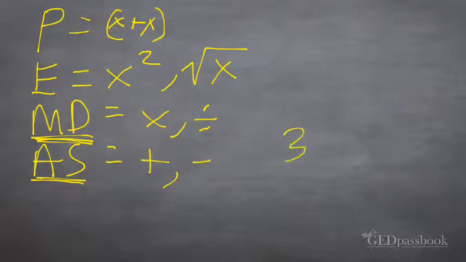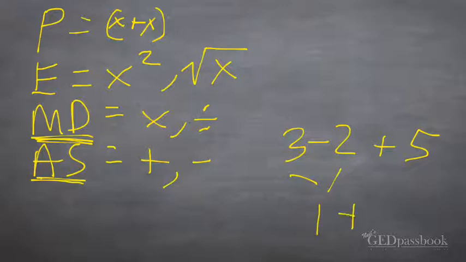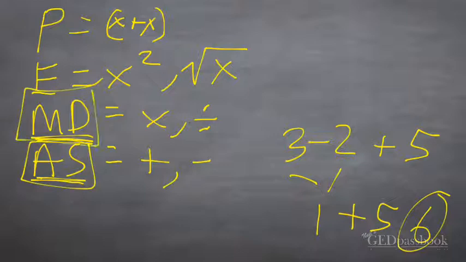So if you have this, what are you going to do first? Subtraction, which is 3 minus 2, which is 1, plus 5 equals 6. You do whichever one comes first. That's the rule for adding and subtracting and for multiplication and division.